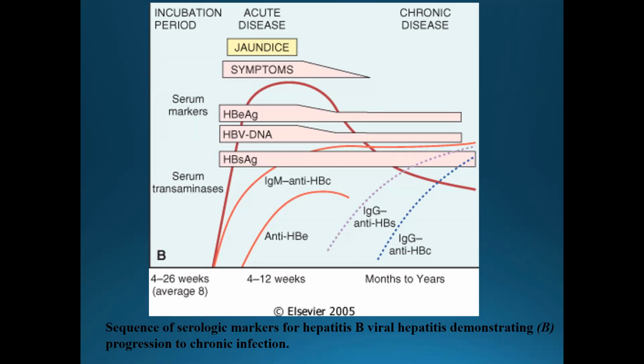In contrast, chronic replication of hepatitis B viral virions is characterized by the persistence of circulating hepatitis B surface antigen, hepatitis B E antigen, and hepatitis B DNA, usually with anti-hepatitis B antibodies to the core antigen, that is anti-HBC antibodies, and occasionally even with anti-hepatitis B surface antibody, what you call quote unquote non-neutralizing antibodies to the surface antigen.